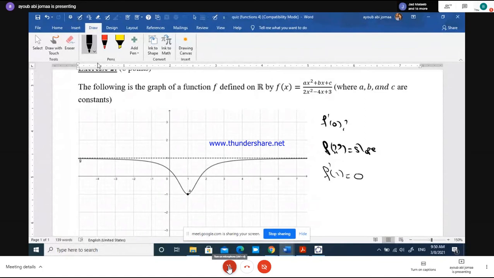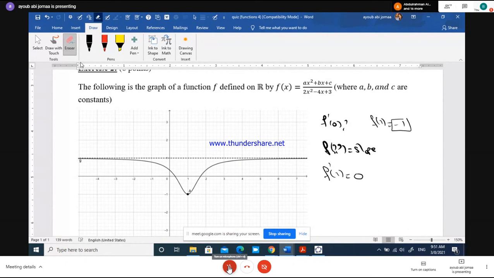F prime of 1 equals 0, why? Because f of 1 is negative 1, so the derivative of negative 1 is 0. This is wrong. If so, every derivative would be 0, because if for example f of radical 2 is a certain constant, then the derivative of the constant is 0, so f prime of radical 2 would be 0. That is not correct. You don't replace x by its value and then derive the answer.